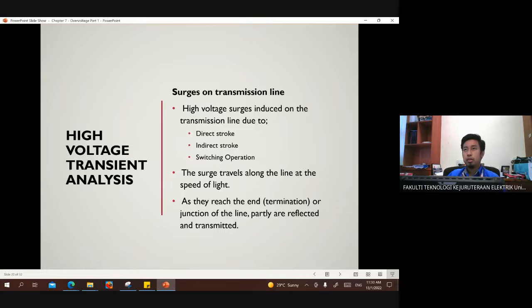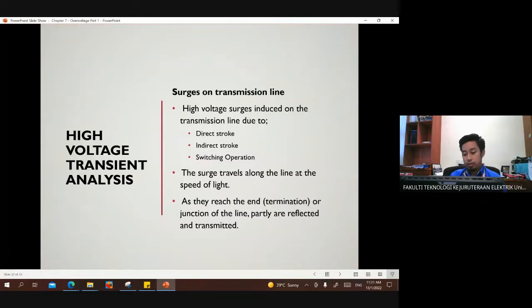So it depends on the impedance of our line.